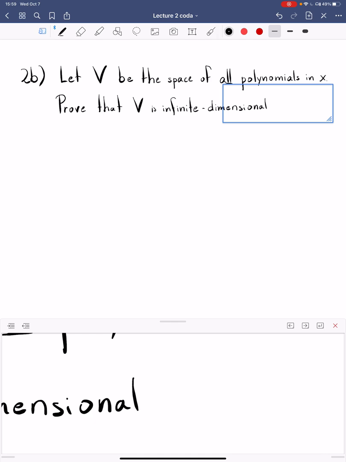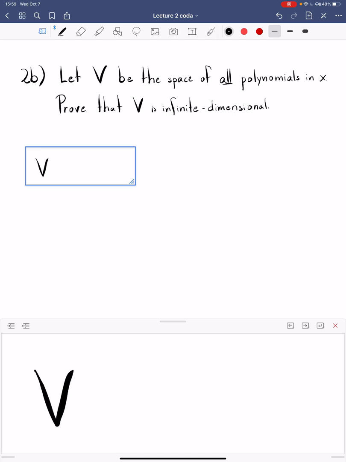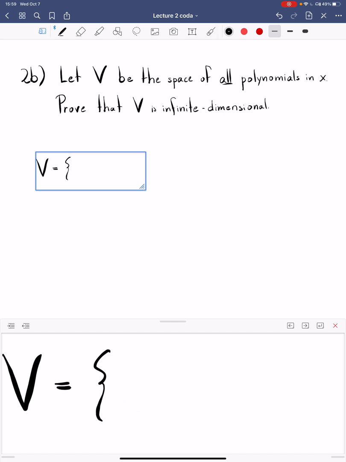All right, so how do we do that? Well, as a first step, let's check that we can actually write down what V is. Okay, so what is V, right? If I wanted to write this down in a concise way, this is the set of all polynomials of arbitrary degree.